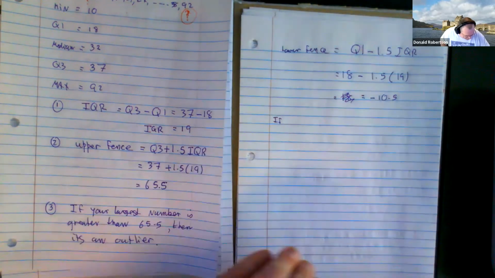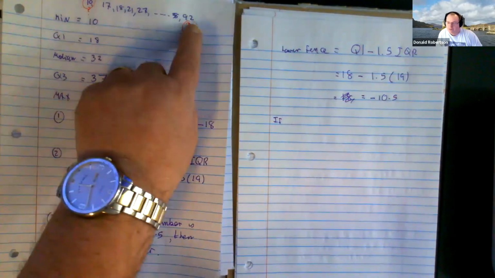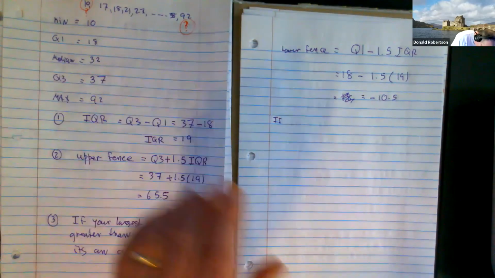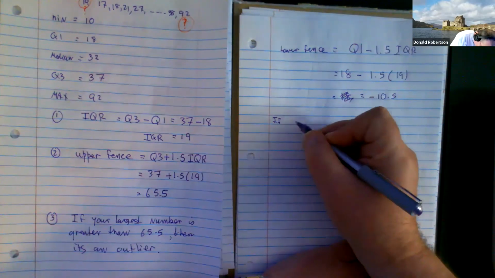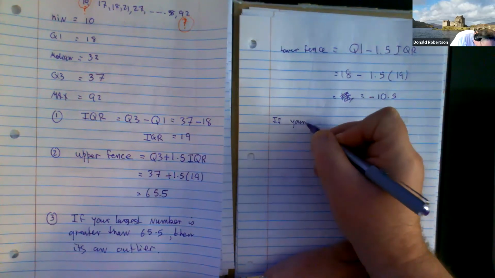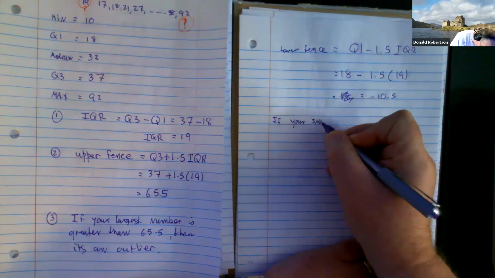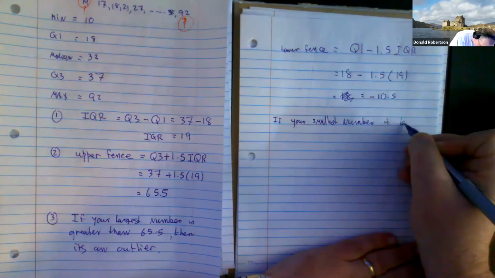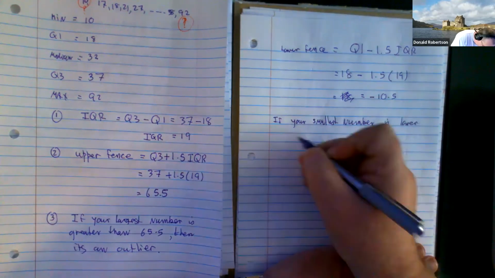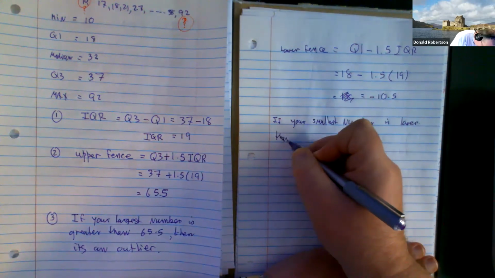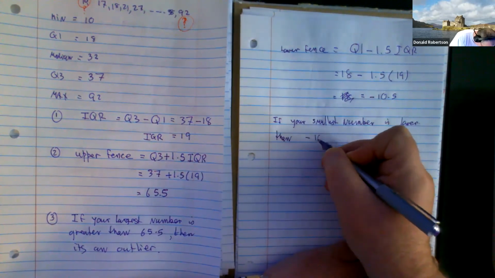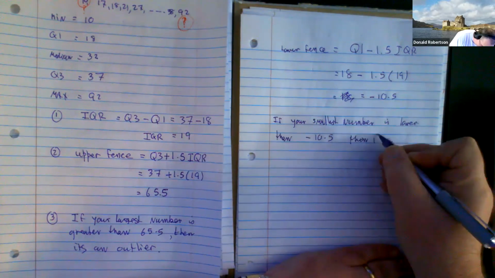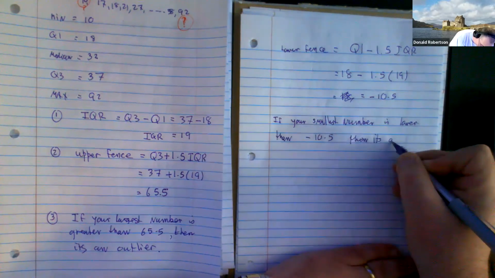Can we pretend that these numbers are temperatures? If your smallest number is lower than negative 10.5, then it's an outlier.